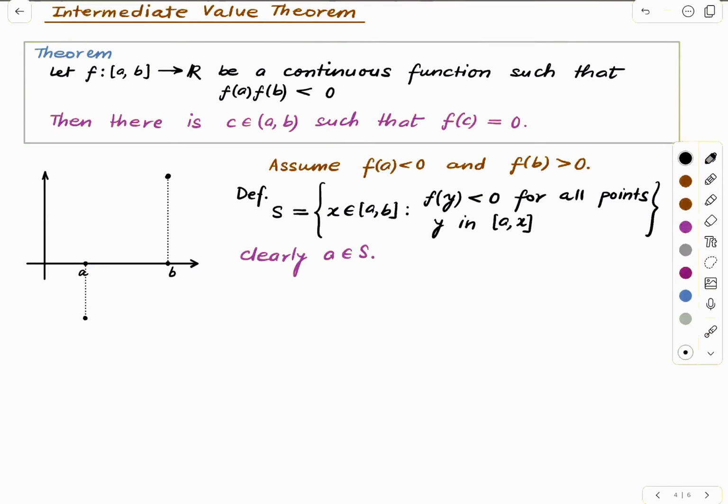Okay, so if we take the point x0 as the supremum of S, then here is another most important observation.